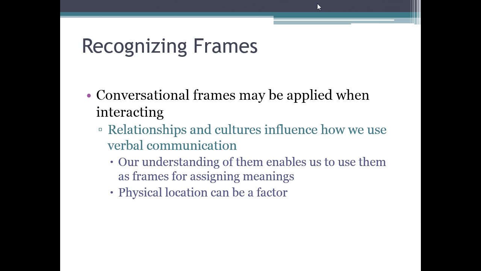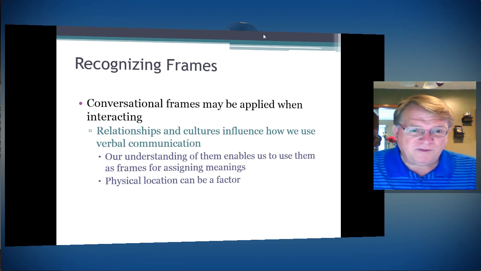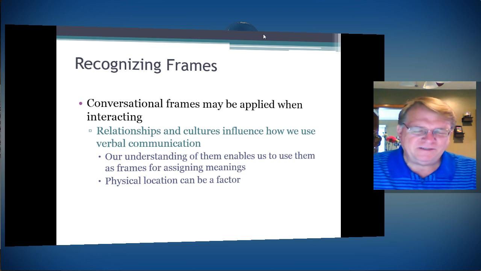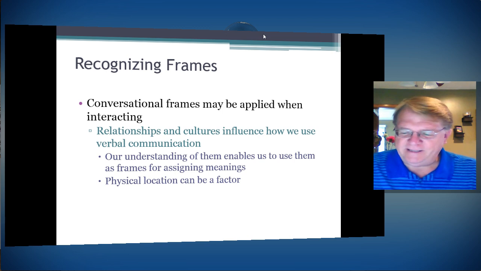Our ability to follow that helps us understand, and when we don't follow it, it causes confusion. If you've ever been talking with somebody and suddenly realize they're talking about a totally different thing than you were thinking of, because it doesn't make sense, you just realize they're using a different frame, and you may have to ask them, what are we talking about? Then they'll tell you, and you're back. That's a change in frame that they didn't let you know was coming.